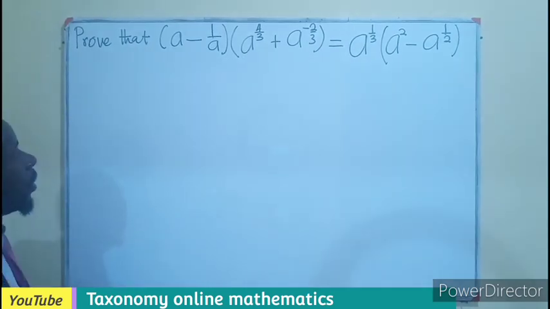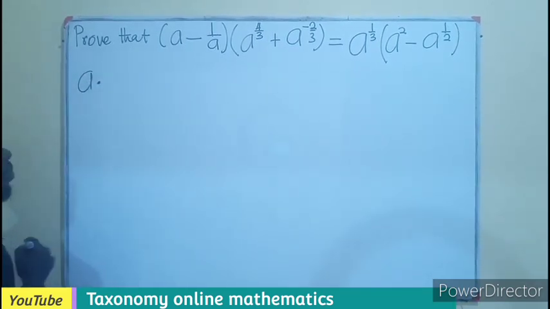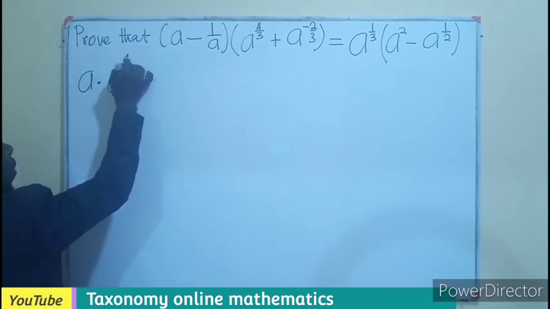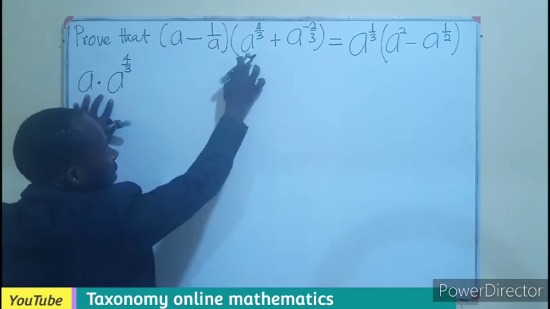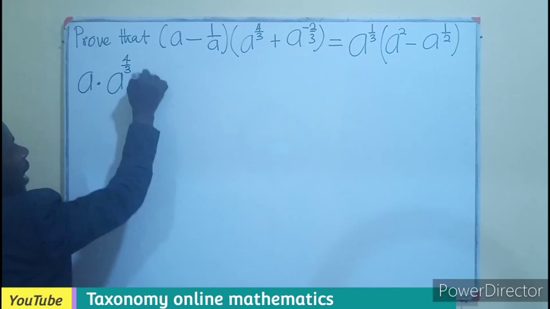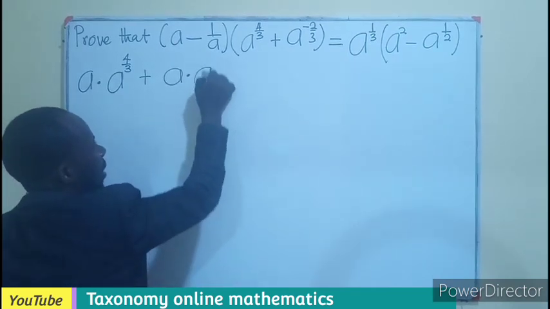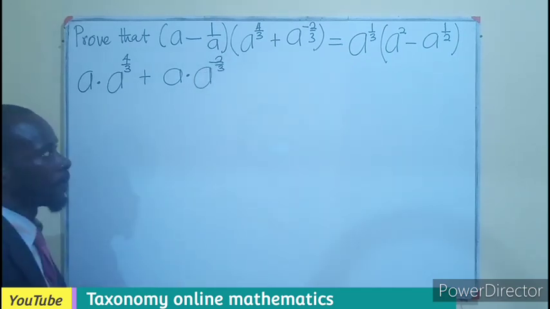So let me use a dot product, multiplying a exponent 4 over 3, as in the first term, multiply the first term, then the first term multiply the last term, as plus a multiplying a exponent minus 2 over 3.